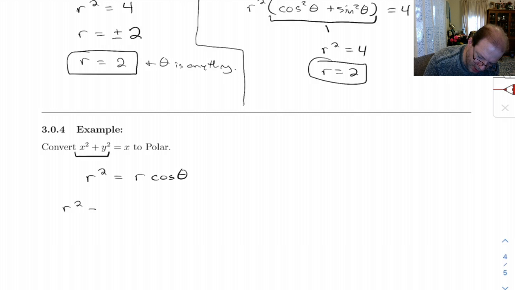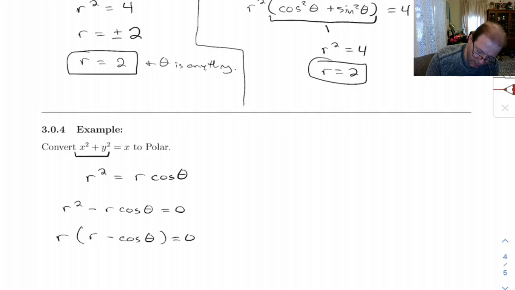So we get r squared minus r cosine theta equals 0. Factor an r out. So you get r times r minus cosine theta equals 0. So we get r equals 0, and we get r equals cosine theta.